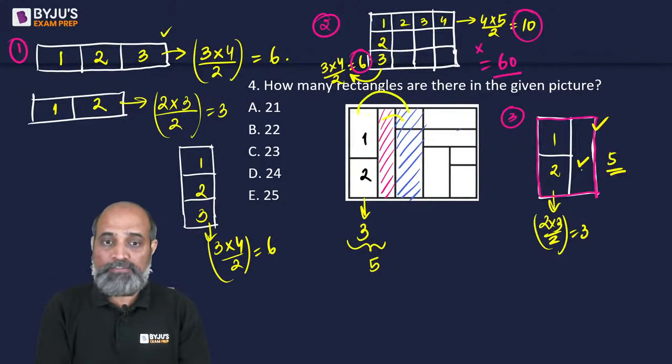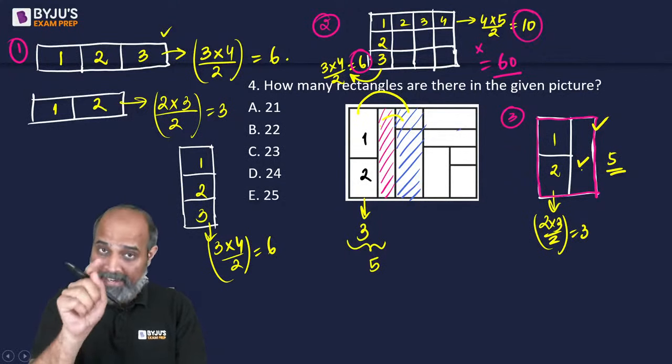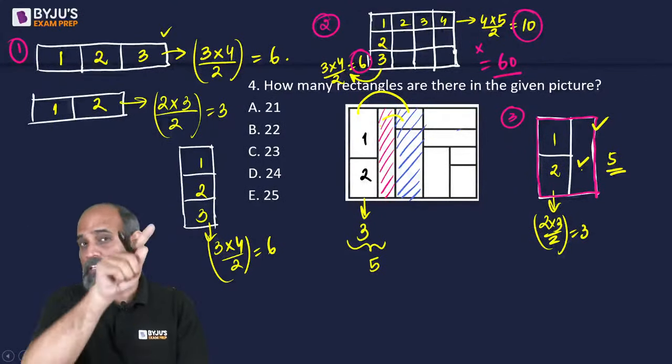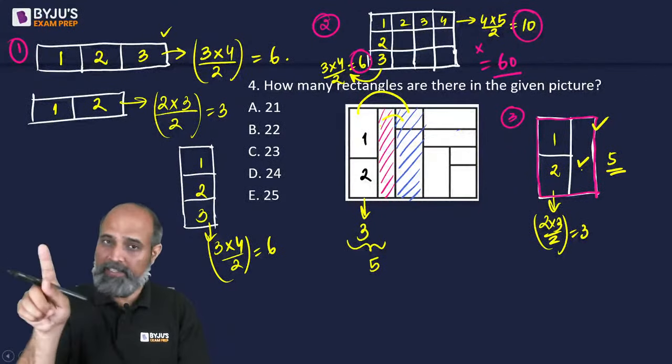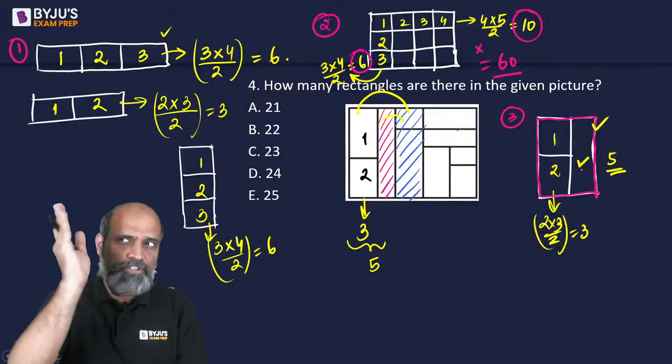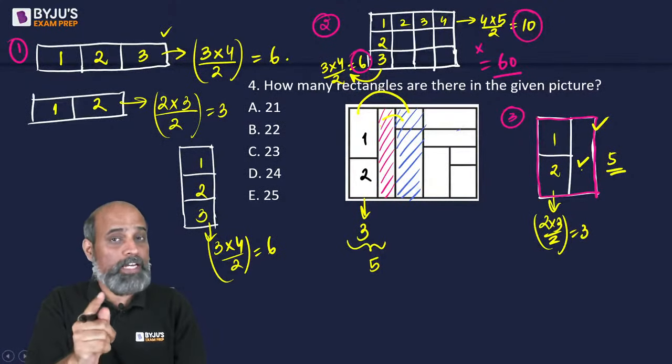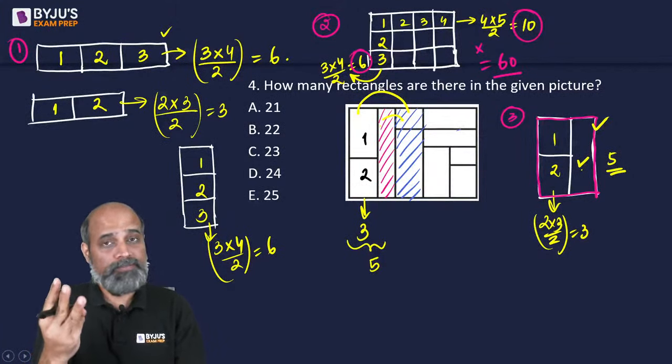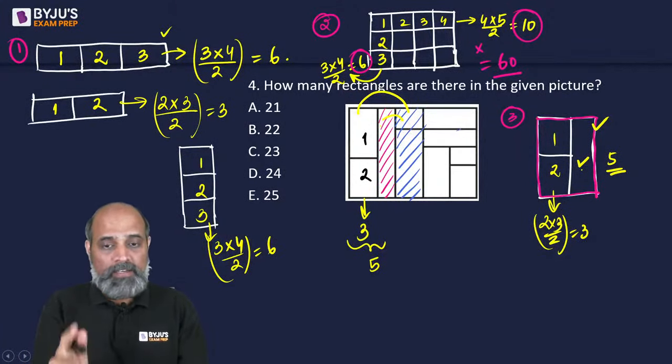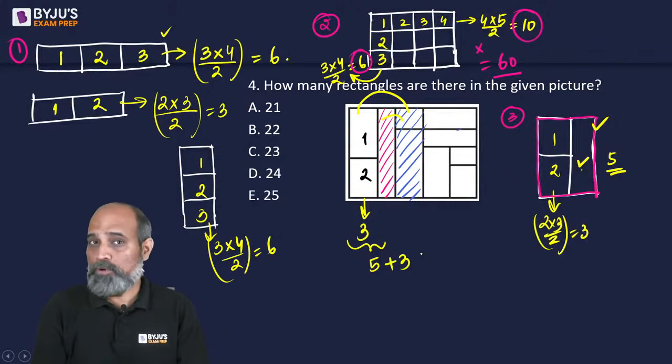This combined with the first one and the middle one will give us one more large rectangle, right? So just by the addition of one rectangle, we don't get one rectangle, we actually get three more rectangles. Is it clear? We get three more, not one more or two more.